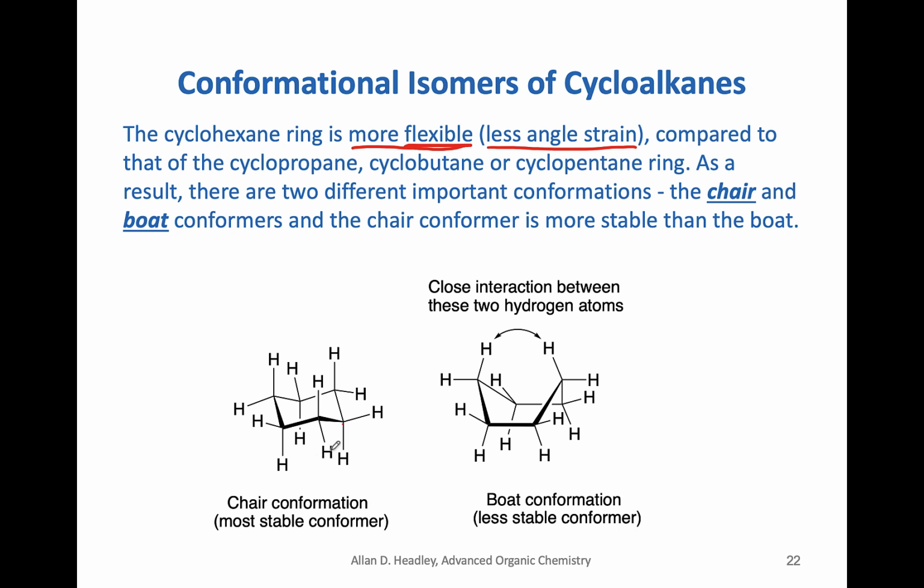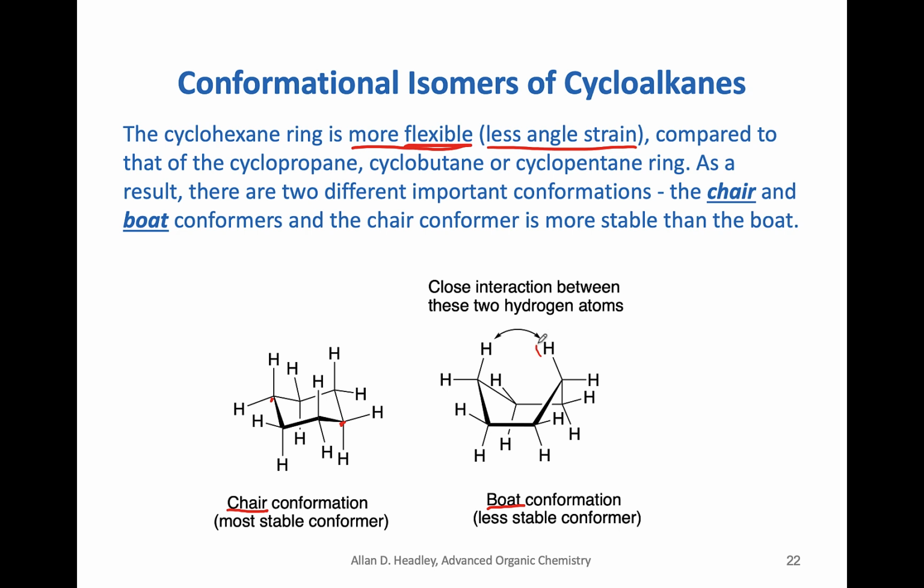Because there are two conformers possible, this one is called the chair conformer, essentially because it looks like a chair. Here's the head and here's the feet. And the other one is the boat conformer, because it looks like a boat. The question now becomes, which is more stable? As you can see here, there's interaction between this hydrogen and this hydrogen.